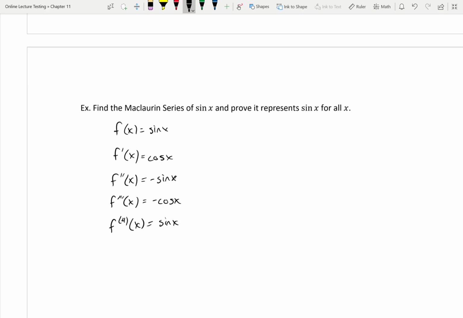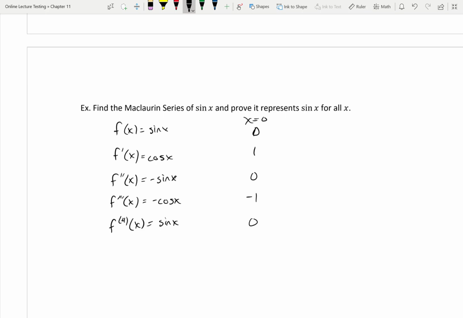It's going to repeat that pattern every single four. So if we let a equal 0, then we're going to get 0, 1, 0, negative 1, 0.